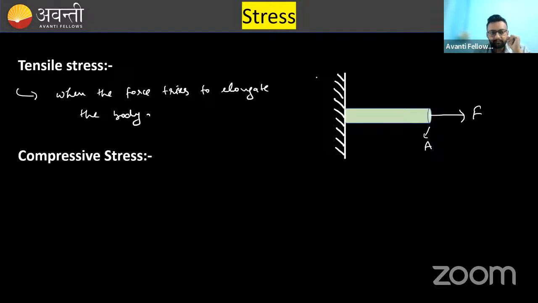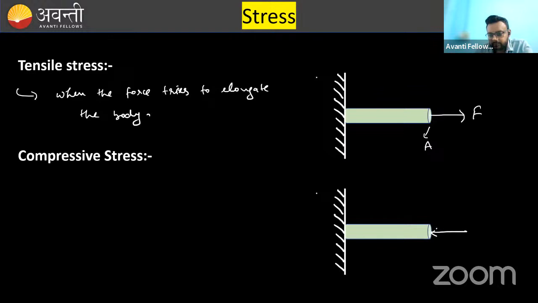Now, moving further, what is compressive stress? The opposite of the previous one. If you apply the force in this direction, then this force will try to compress the body, and the stress produced is known as compressive stress.